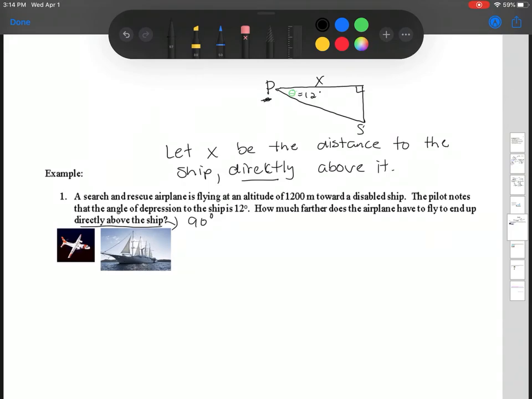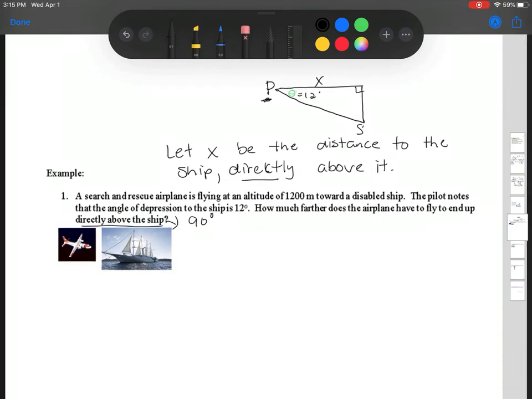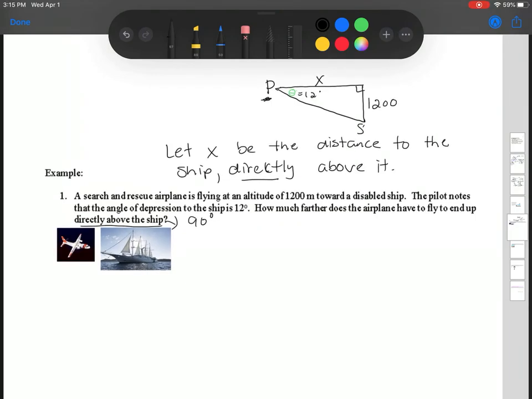That's our X. We're not trying to fly to the ship. Now you might ask yourself, why would we fly directly above it? Maybe they're going to put a rope down, who knows? Okay, so that's not really what we're asked here. We just want to get directly above the ship. It says it is flying at an altitude of 1,200 meters towards a disabled ship. So the pilot is 1,200 meters above the ship.